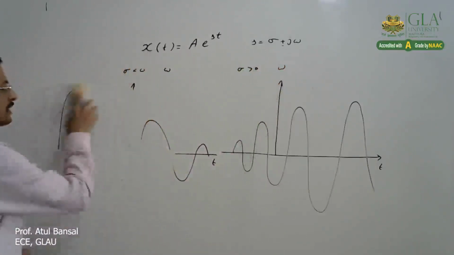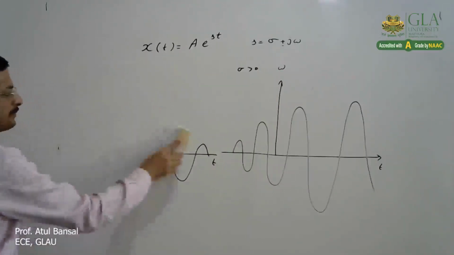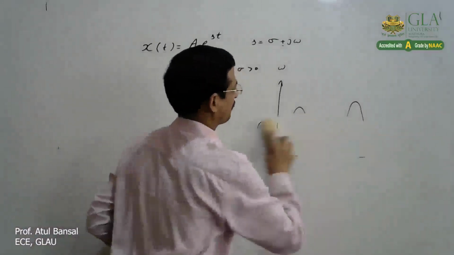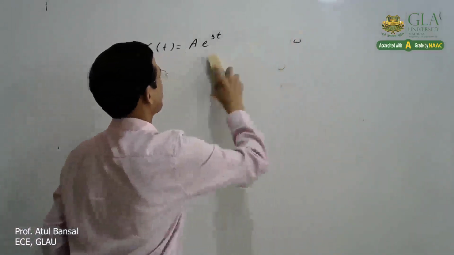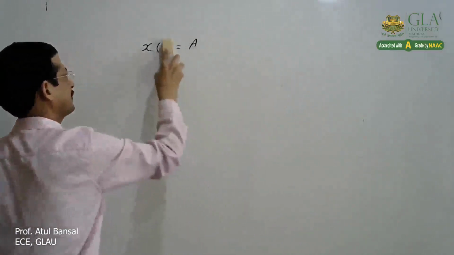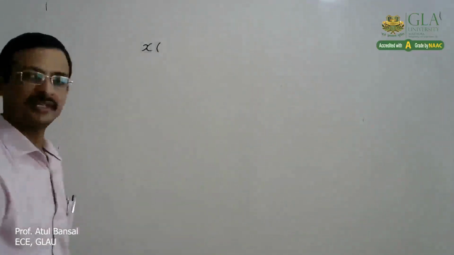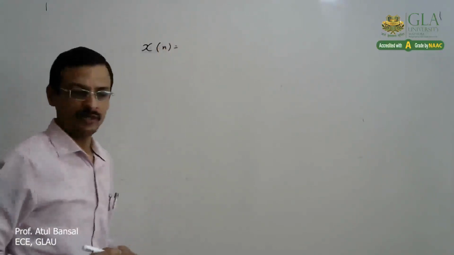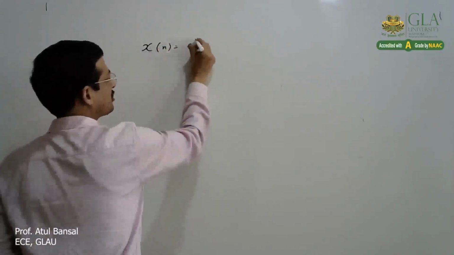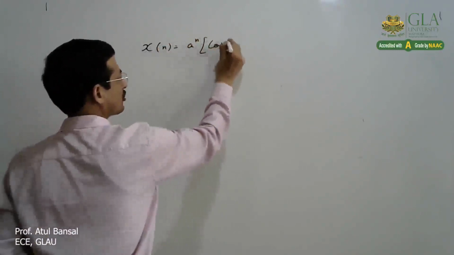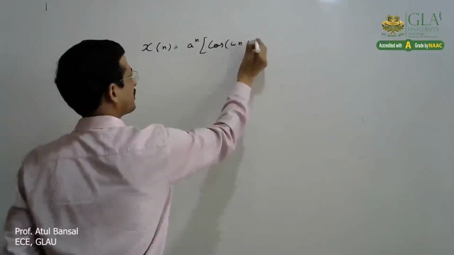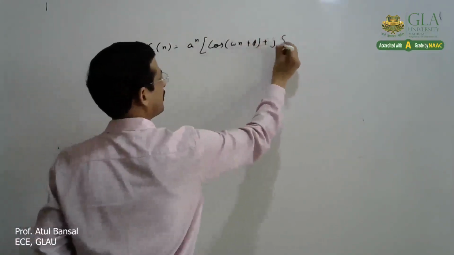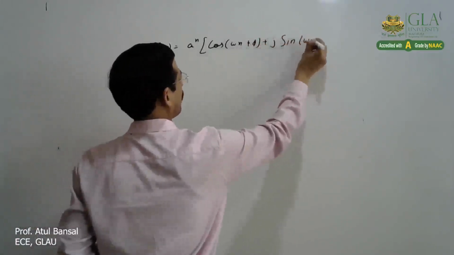Same way, in discrete time, the signal would be defined by x[n] equals a raised to power n times cos omega n plus j sin omega n.